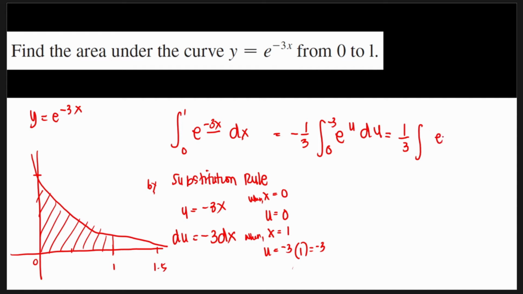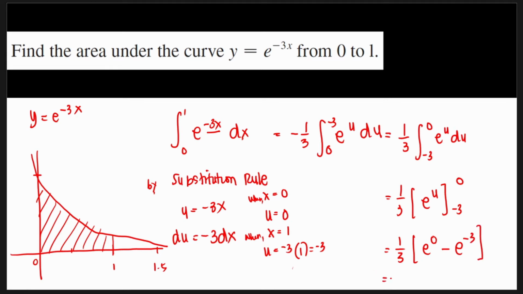So the integral of exponential of u du from -3 to 0. Okay, so we can now integrate this. So that is equivalent to e^u with limits from -3 to 0, and that is equivalent to 1/3 times e^0 minus e raised to the power of -3, which is equivalent to 1/3 of this.